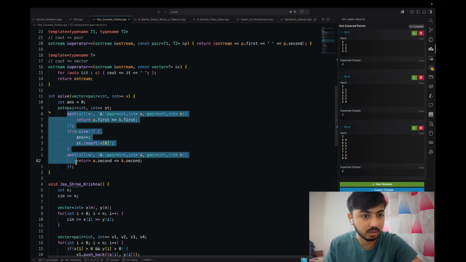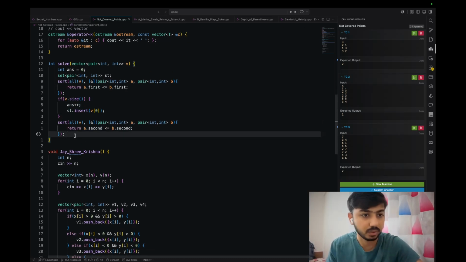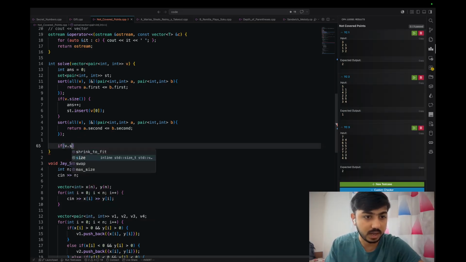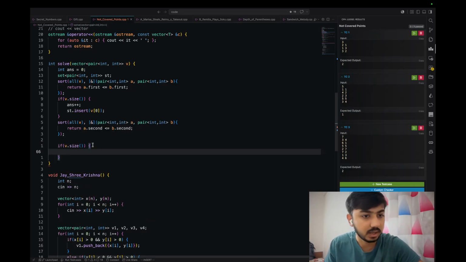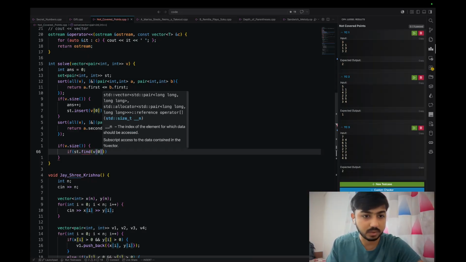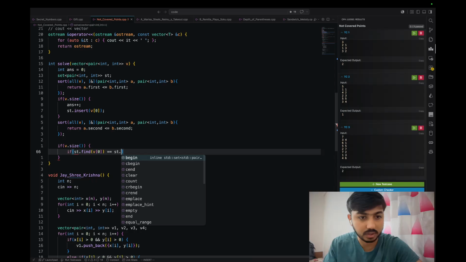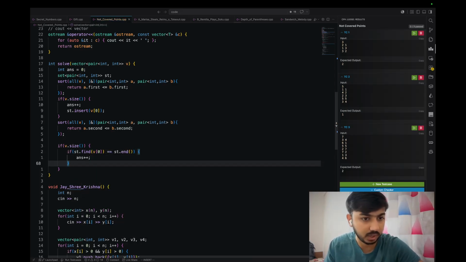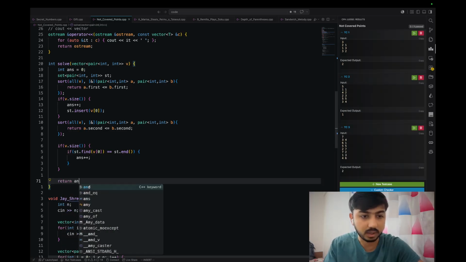Okay, wait a minute. Cool. We have sorted out. Right? First of all we have to check the size, and we have to check the first element. If st dot find v of 0 is equal to st dot end, that means it's new, then we have to take it. Then we'll return answer.